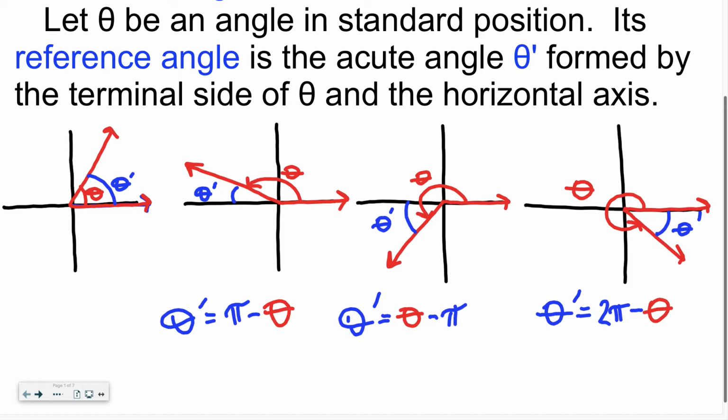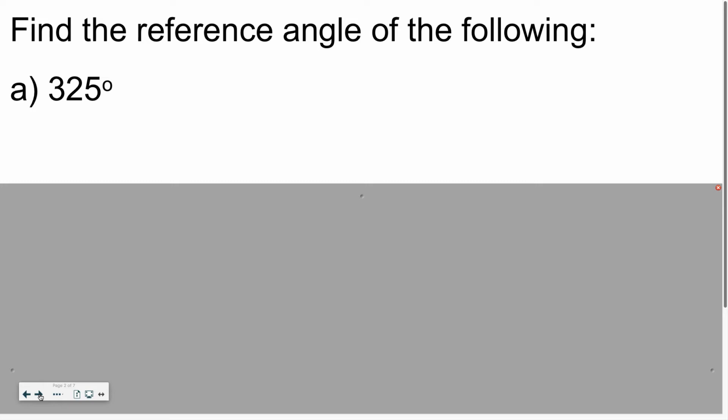So we're going to do 3 examples of reference angles and then get into actually finding some trig ratios, all right? So we will start off with an easy one. It's in degrees, okay? Go ahead, write down 325 degrees, and then I would like you to sketch this angle.